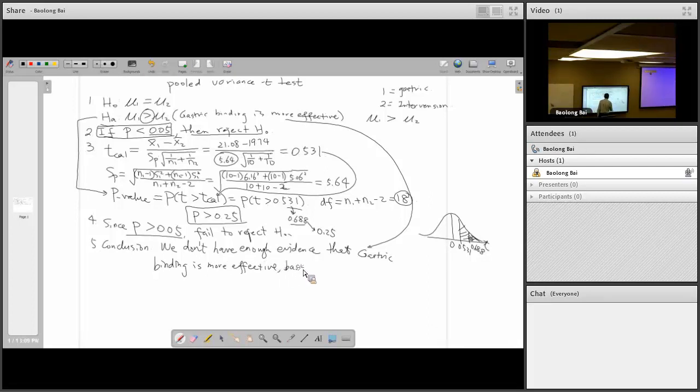And this is done based on a significance level of 0.05. Okay. So that completes the pooled variance t-test.